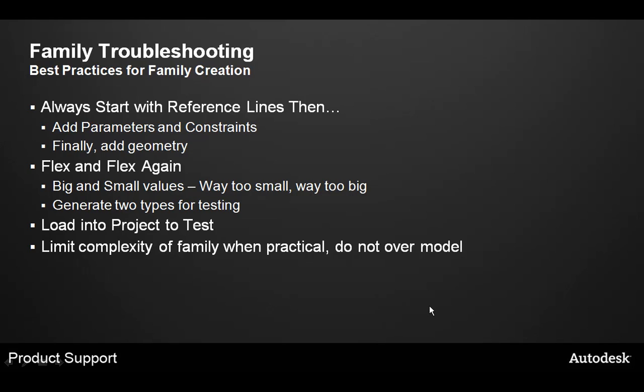Finally, consider limiting the complexity of your family when it's practical. Don't overmodel. By overmodeling, we mean providing too much detail within the family that you could very easily get away with drafting or detailing within the project environment.